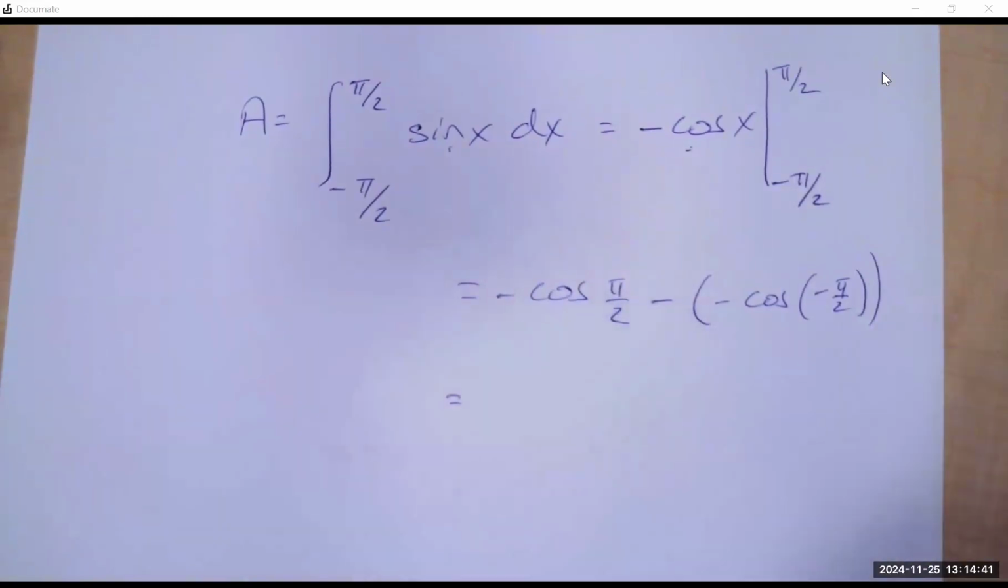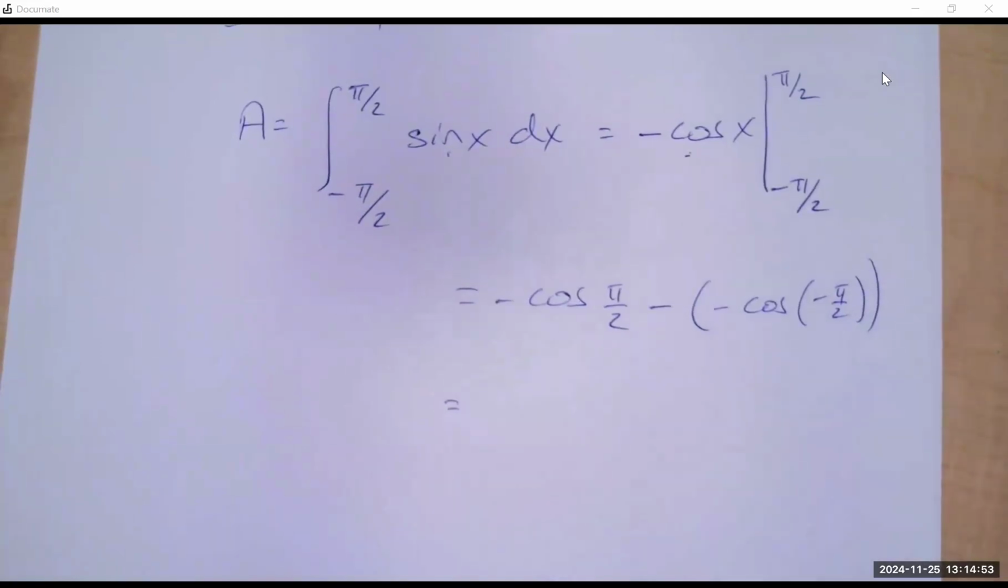So cosine of pi over 2 is what? You should be drawing pictures and see what the unit circle looks like. You can't find it in the air. Cosine deals with the x values.